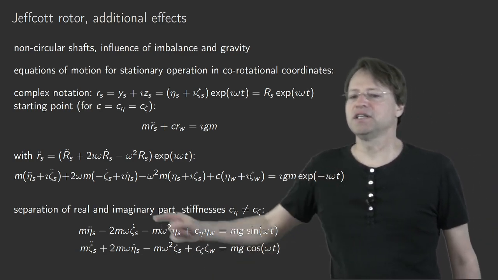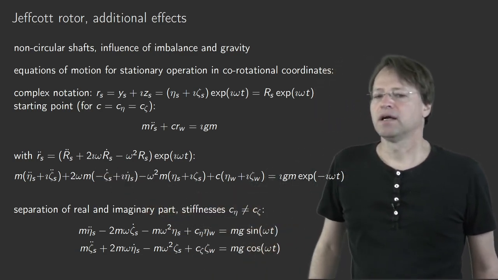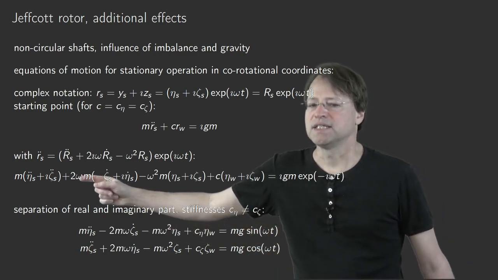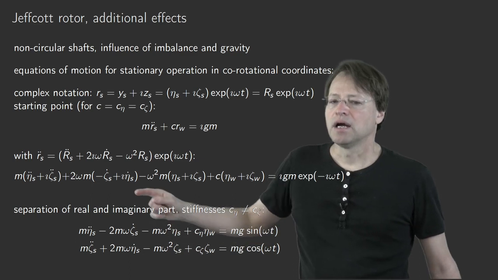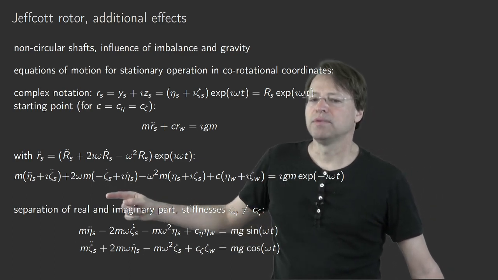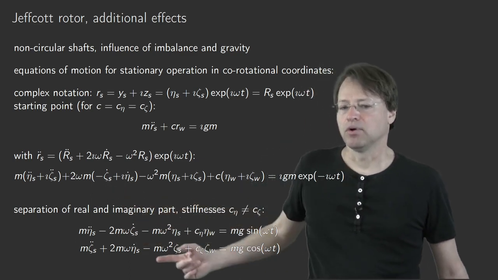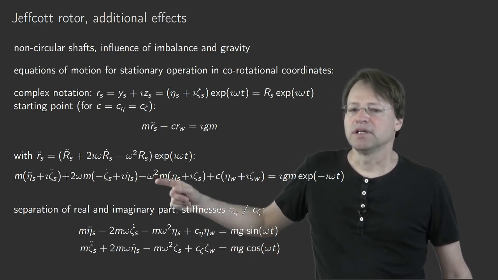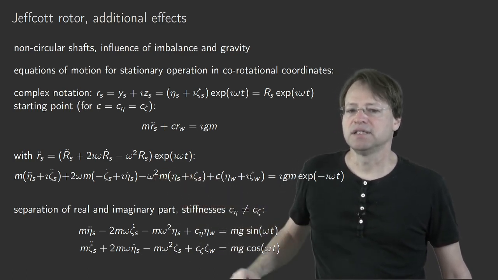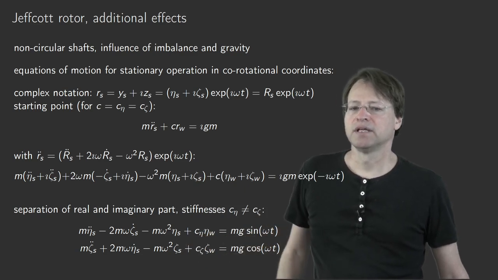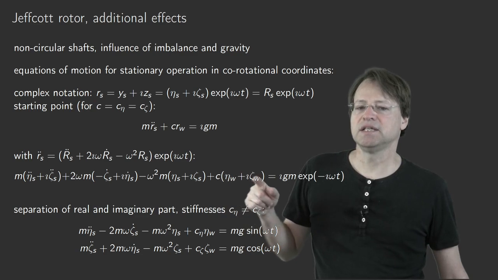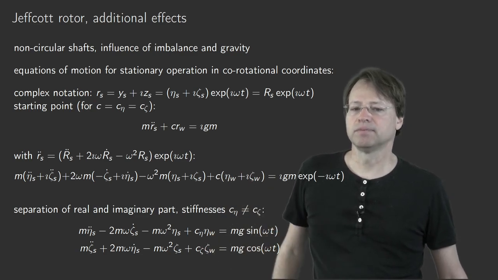The second equation deals with the imaginary part. So we are dealing here with m zeta s double dot plus 2 omega m, or m omega here, eta s dot, minus omega squared m zeta s, that's the third term. The term corresponding to the restoring force will be c zeta sub w.